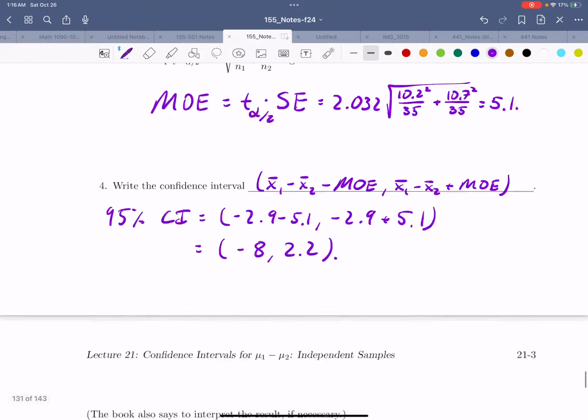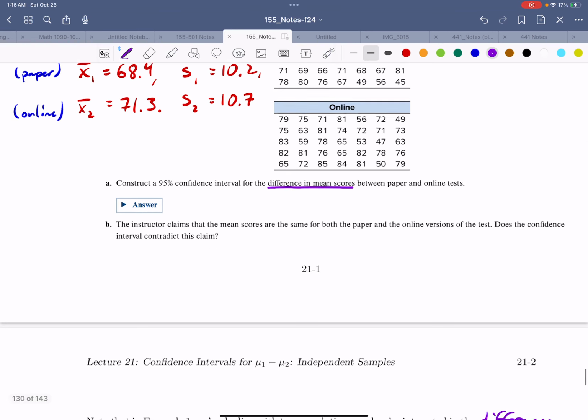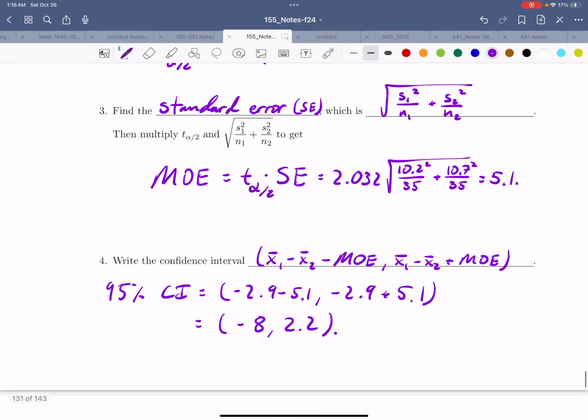So this is how we create the confidence interval, right? But now let's look at the second part of the question, right? Instructor claims the mean scores are the same for both the paper and the online versions. Does the confidence interval contradict the claim? Well, if the mean scores for paper and online were the same, then what would their difference be? It would be 0, right? Is the difference of 0 within the confidence interval? Yes, it is.